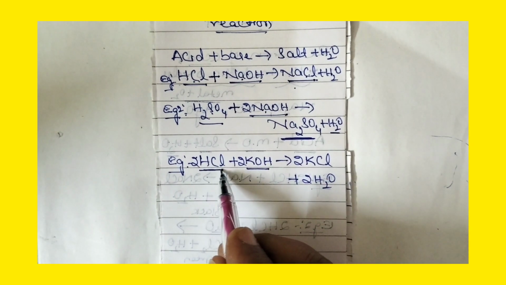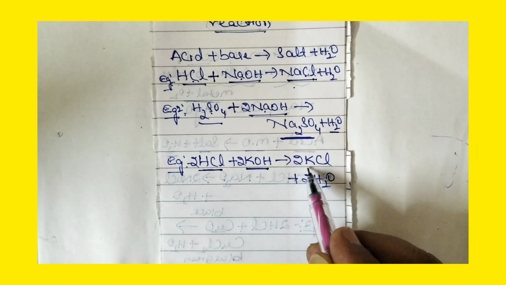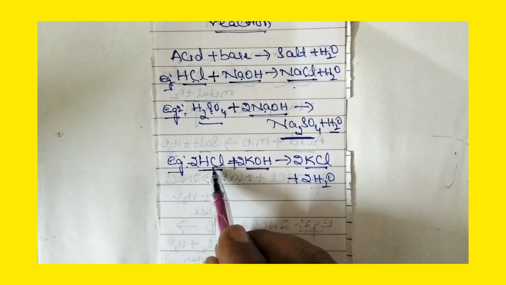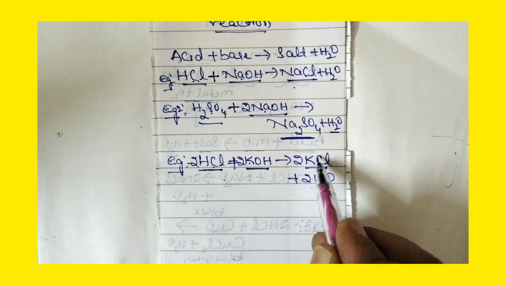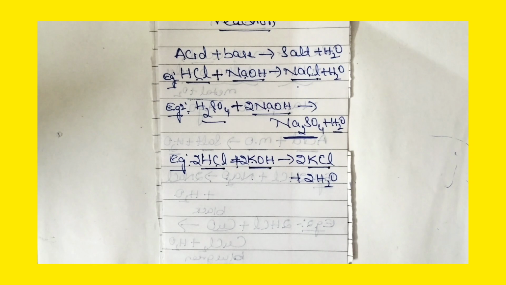So HCl is an acid, KOH is a base, and KCl is a salt. Reaction between acid and base to form salt and water is called a neutralization reaction. What is a neutralization reaction? A reaction between acid and base to form salt and water.